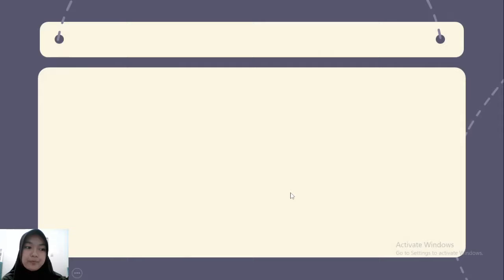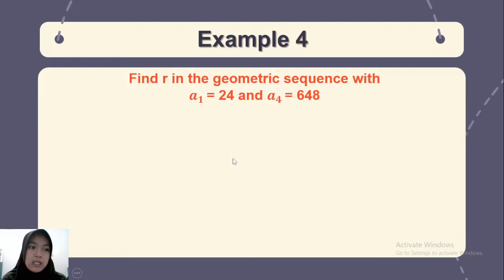Next, example number 4. Find r in the geometric sequence where the first term is 24 and the fourth term is 648.